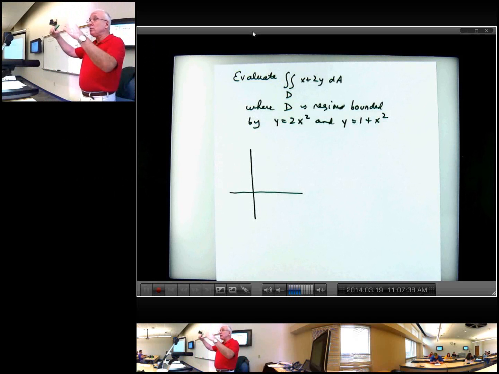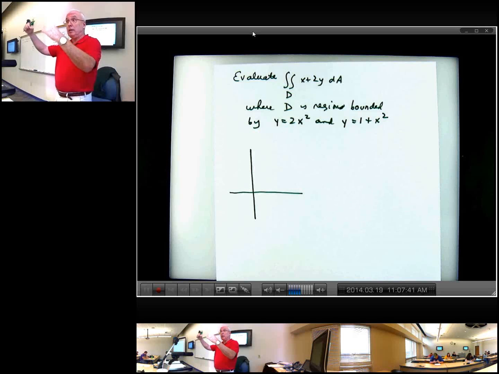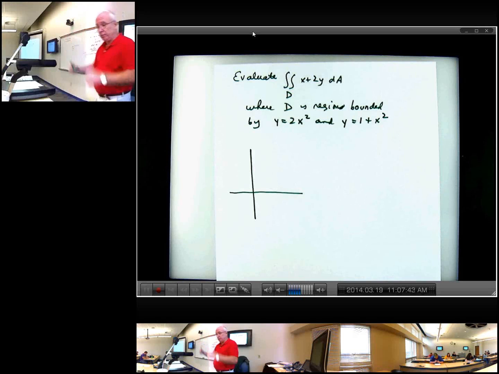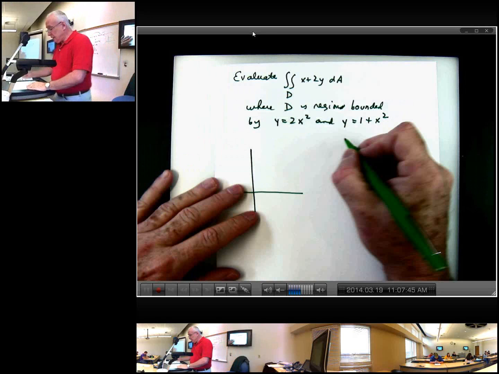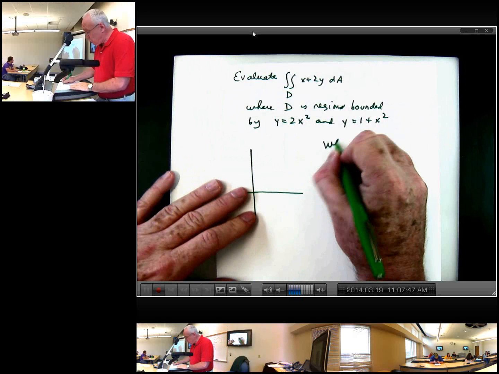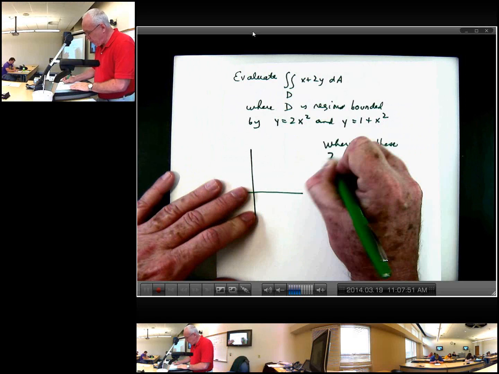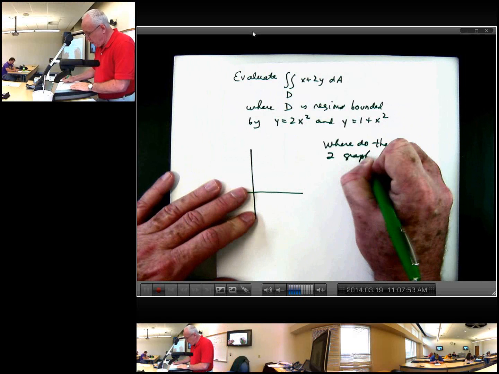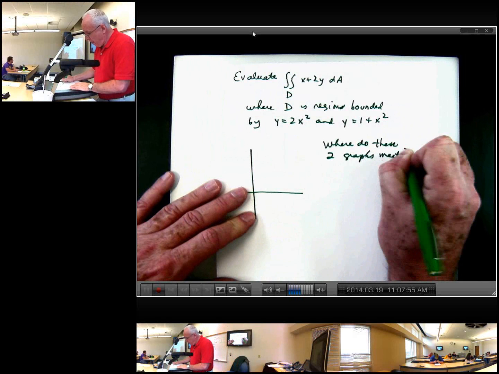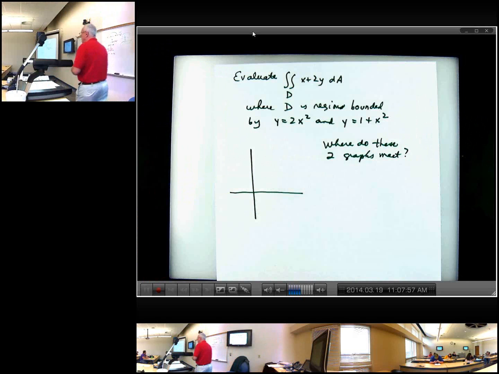Because that's what's going to tie it up as far as giving you the region. So that a lot of times should be your first question. Where do these two graphs meet? How can I figure that out? I can do plotting, plot points. There's an algebraic way I can figure this out.